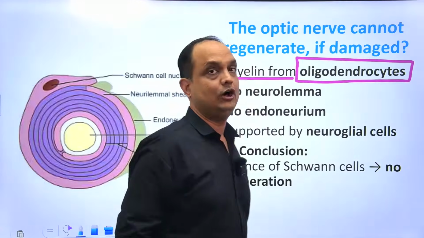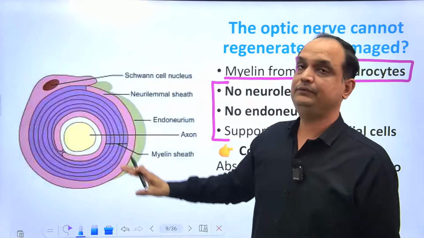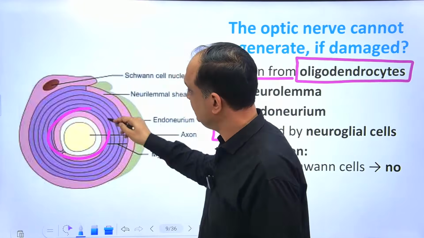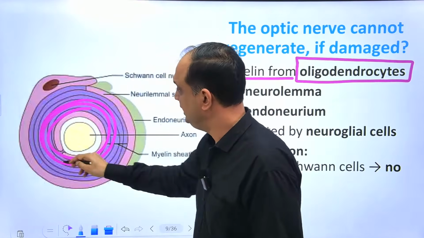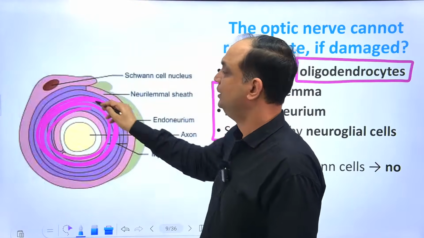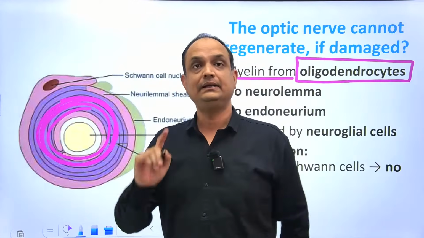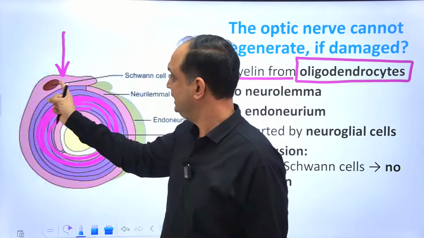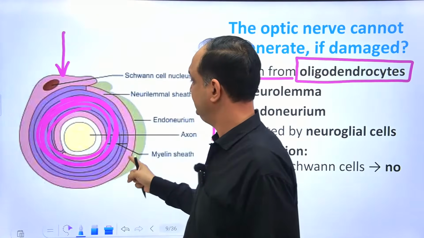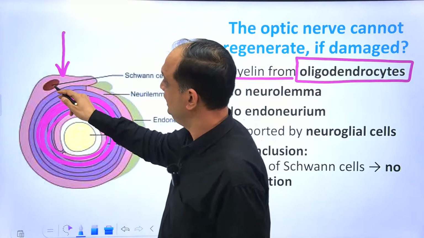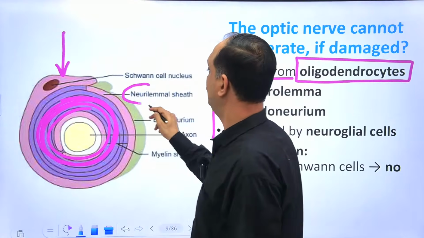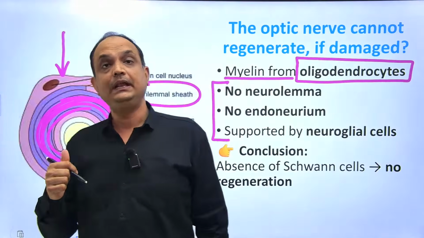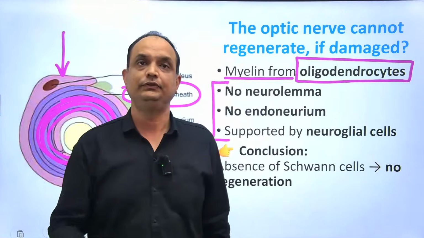If you see a normal peripheral nerve, around it you can see these circles, a lamellar arrangement of myelin sheath formed by the Schwann cell. But the outermost layer, where the cytoplasm of the Schwann cell is present as a thin layer along with the nuclei, is known as the neurilemmal sheath or neurilemma. Now this neurilemma is a prerequisite for the regeneration of a nerve.